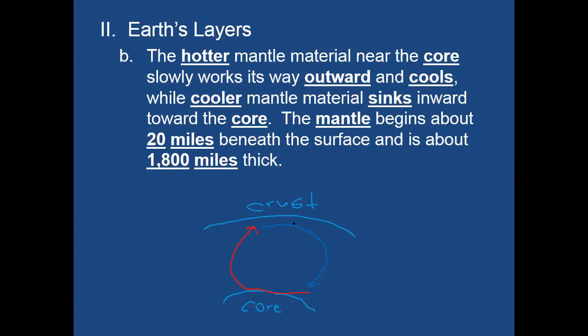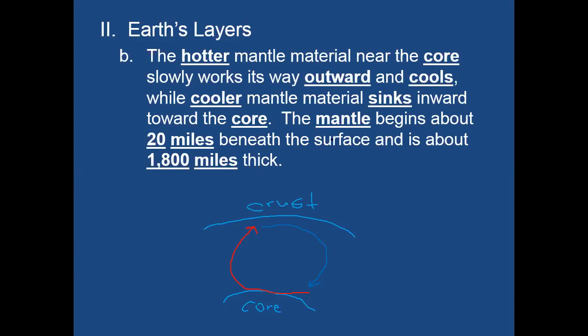Now, this convection current in the earth is moving much, much more slowly than the convection current in the ocean would. Okay, so the mantle, just to give you an idea of how big it is, begins about 20 miles beneath the surface and is about 1,800 miles thick.